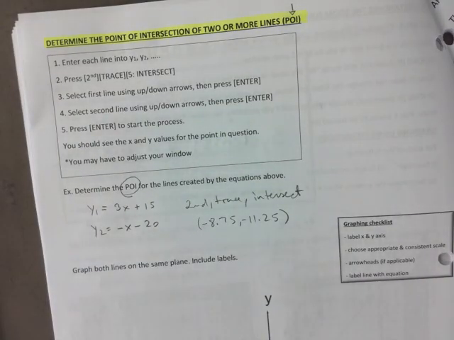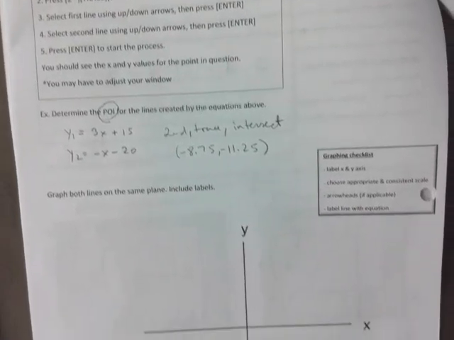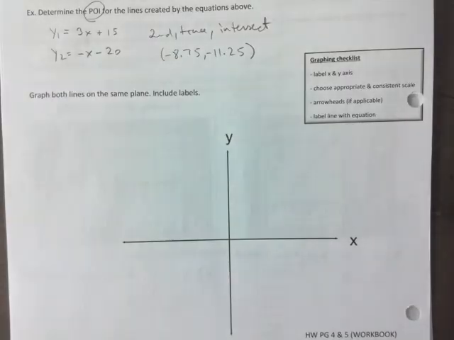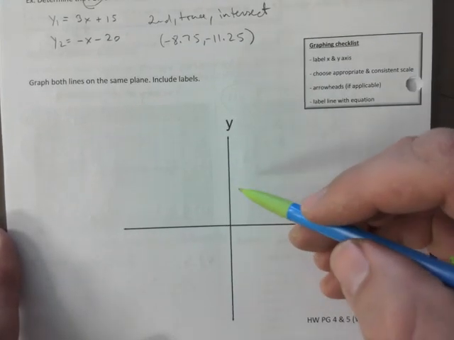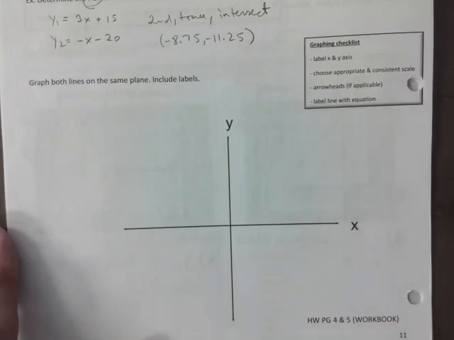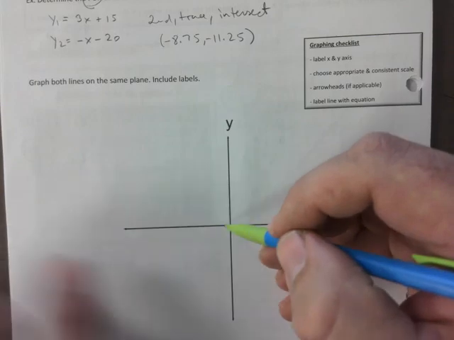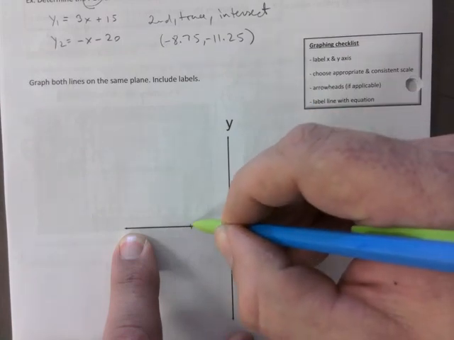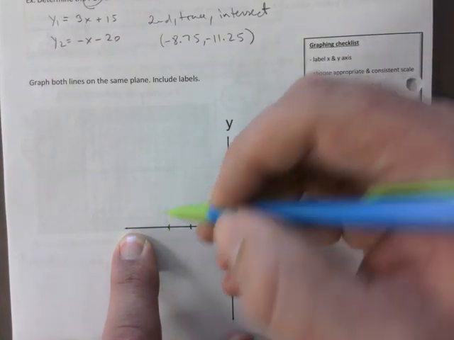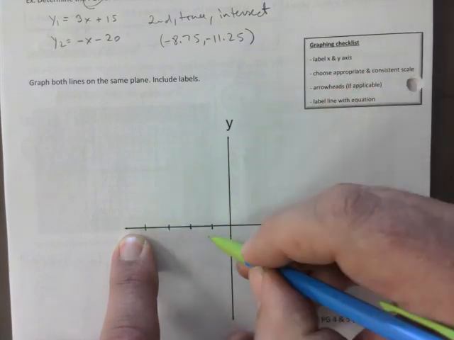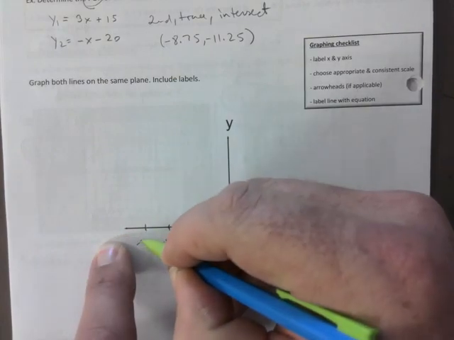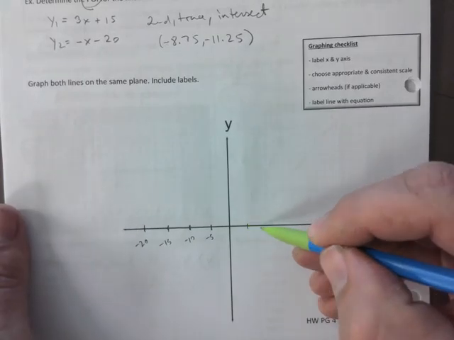And then we graph them both on the same grid. So this window, the scale you want to use for this is basically what you've been using for your window. I need to make sure I get negative 20 in here. So I'm going to go 5, negative 10, negative 15, negative 20. Okay, so I'm using that, and you have to keep that scale going.